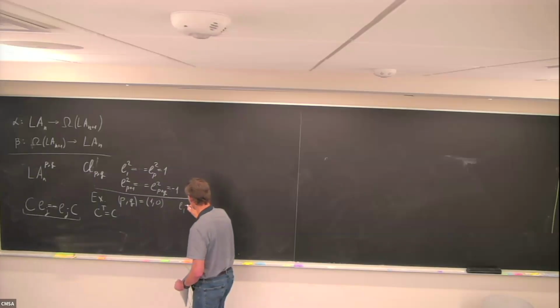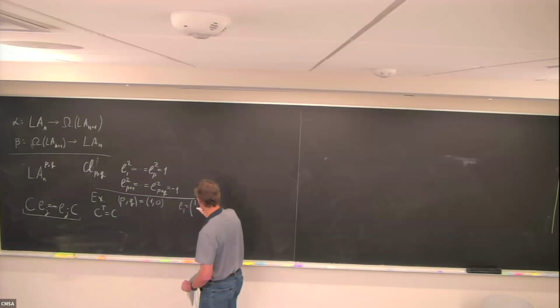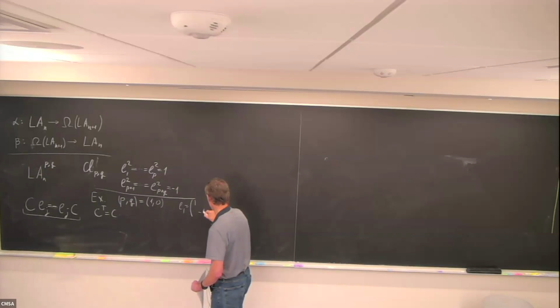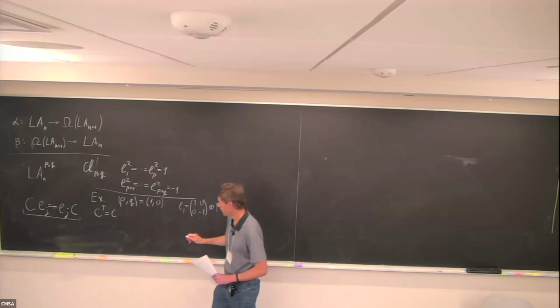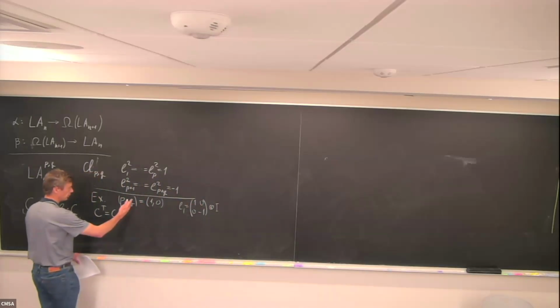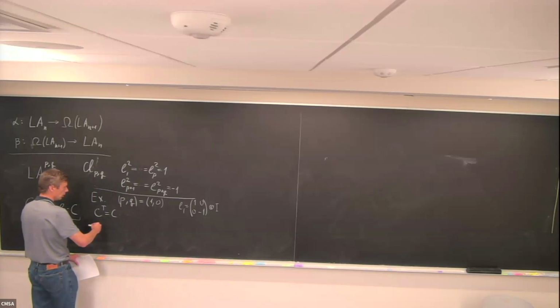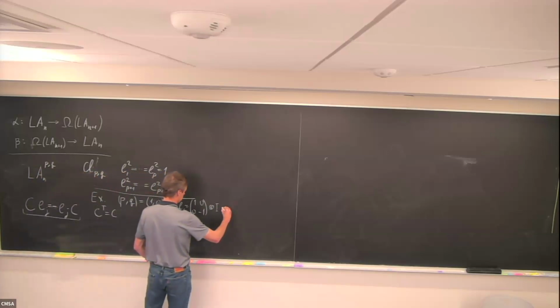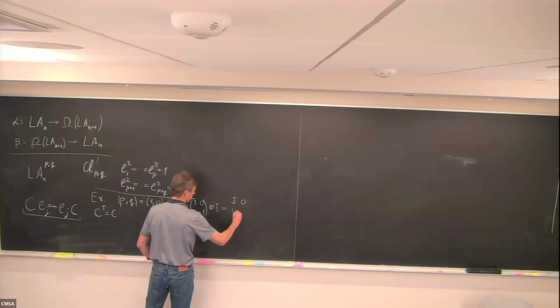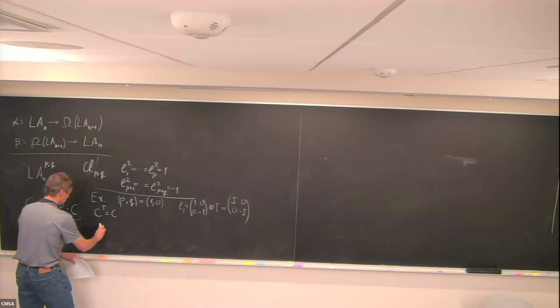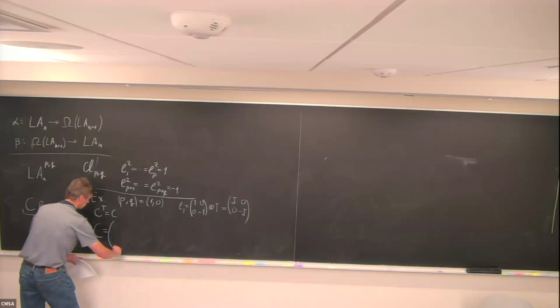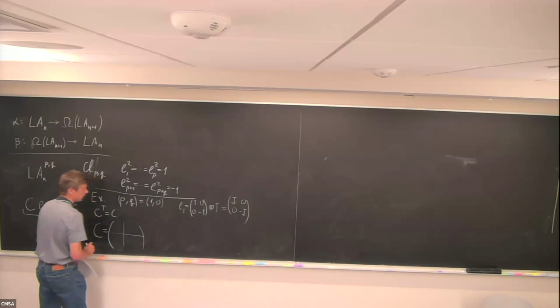It's E1, basically the Pauli matrix acting in a two-dimensional Hilbert space, tensor identity, acting on some other space. This is also a block matrix. It's identity 0, 0, minus identity. And then C can be written as a block matrix, and C has 4 blocks.